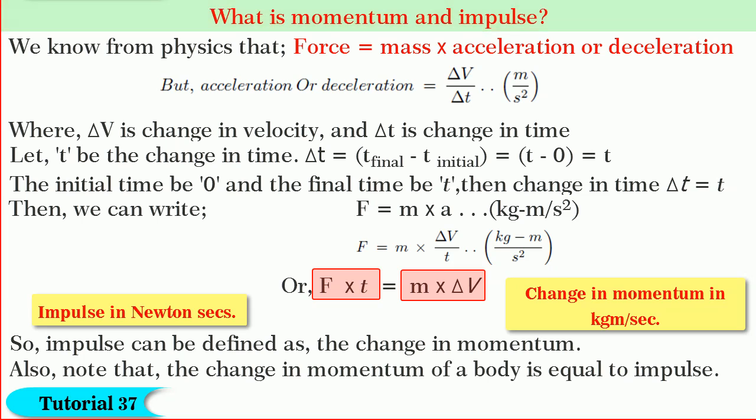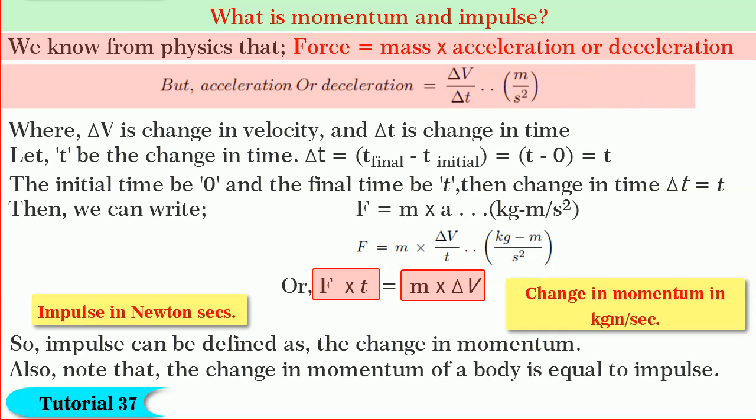momentum. We know from physics that force is equal to mass into acceleration or deceleration. But acceleration or deceleration is equal to delta V divided by delta T, that you know, where delta V is the change in velocity and delta T is the change in time.